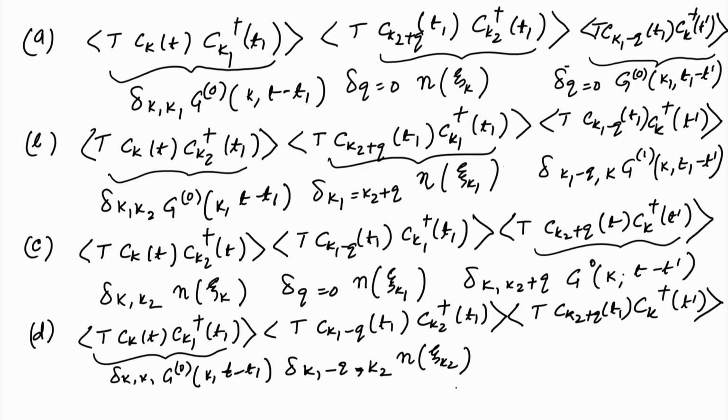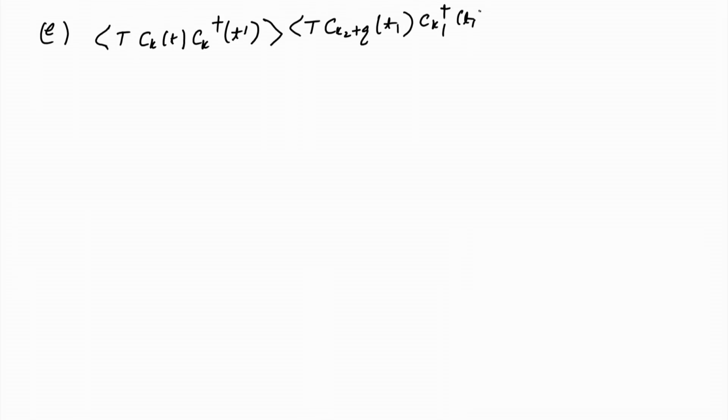So, similarly, it will be xi k 2 and then this will be like delta of k 2 plus q G 0 and k t 1 minus t prime. So, that is the fourth one, and similarly the fifth one can be written, there is something interesting about the fifth one which will come.